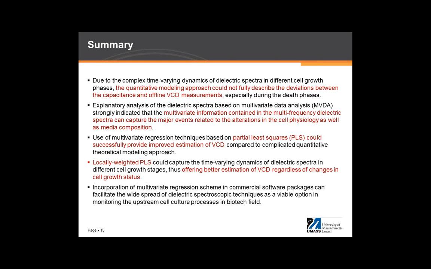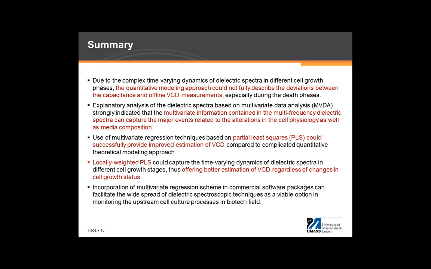That's the second observation we made. And the third, partial least square methodology is a linear system-based technology, but due to the fact that cell growth goes through a nonlinear pattern, we need to utilize the nonlinear version of the partial least square regression method.